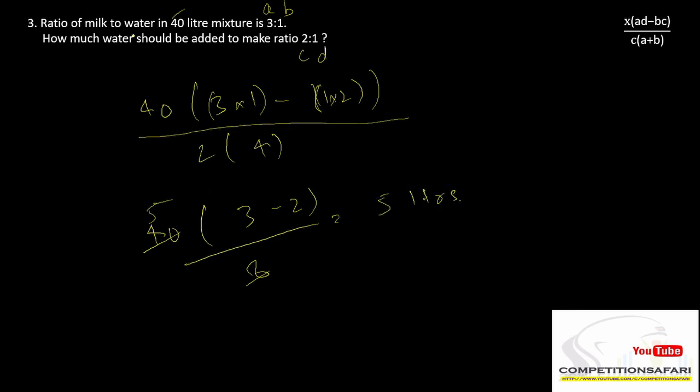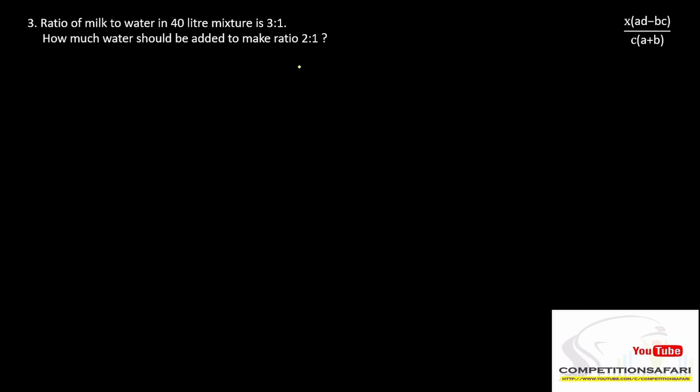So we need to add 5 liters of water to make the ratio 2 is to 1. But let's take another look at it.